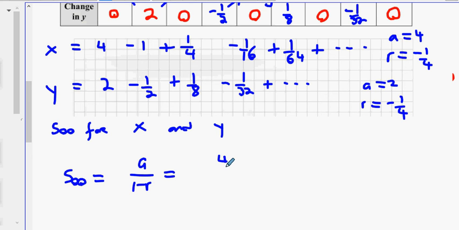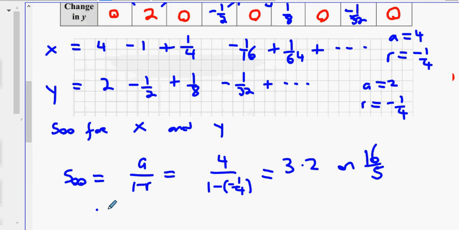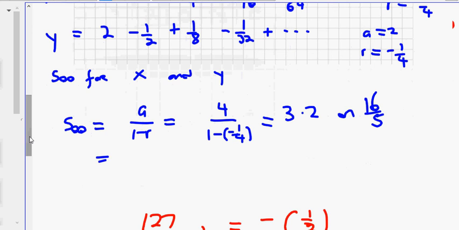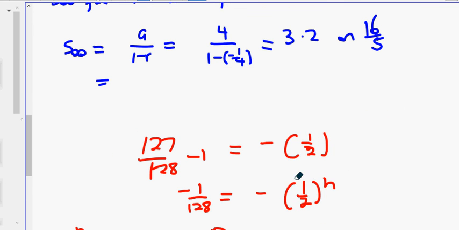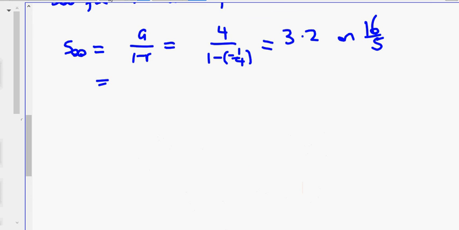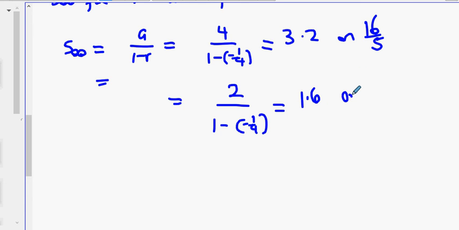So for x this is 4 over 1 minus a quarter, which is equal to 3.2 or 16 over 5. The next one, for y, is 2 over 1 minus a quarter, and that equals 1.6 or 8 over 5.